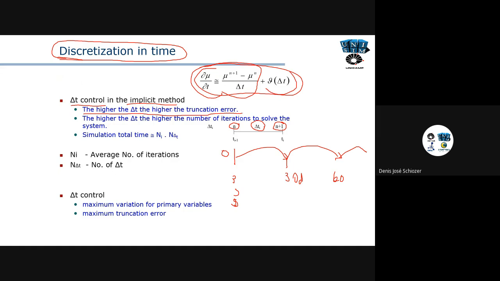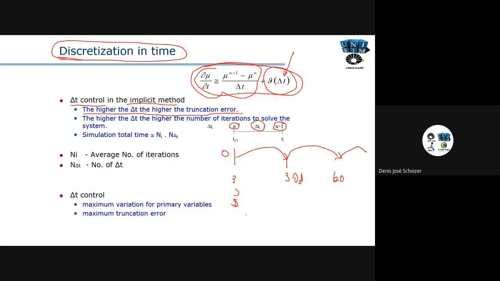But we have an error that is in the order of the size of the time step. So if the time step is smaller, then the solution is a little bit better, or the truncation error is a little bit smaller, okay?